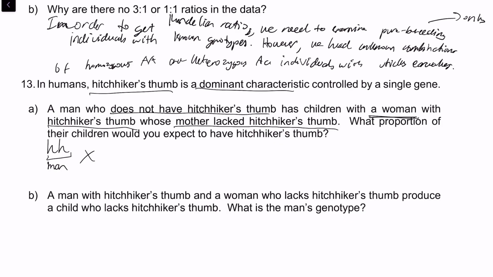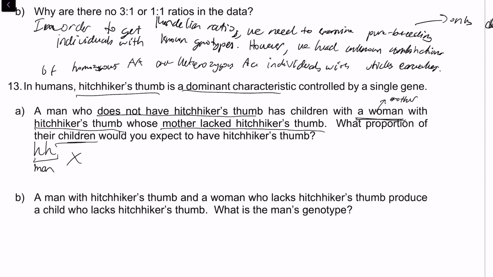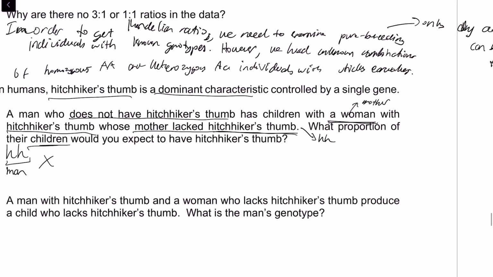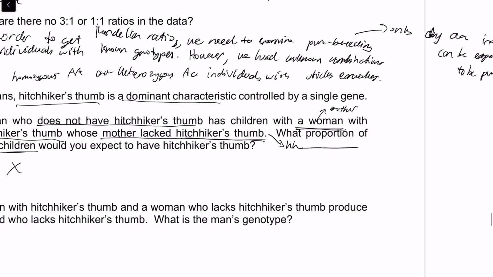So that means the mother in this case for these children, so essentially the grandmother, lacked hitchhiker's thumb, so their genotype was also a lowercase h, which means the only allele that they could give to offspring, which would be this woman right here, has to be a lowercase h.